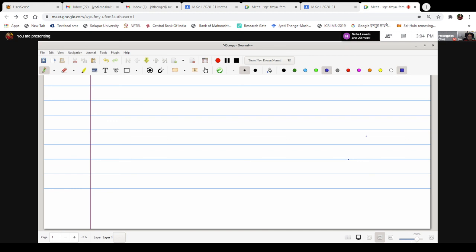What's the parallelogram law? Norm square of x plus y plus norm square of x minus y is 2 times norm square of x plus norm square of y, right?